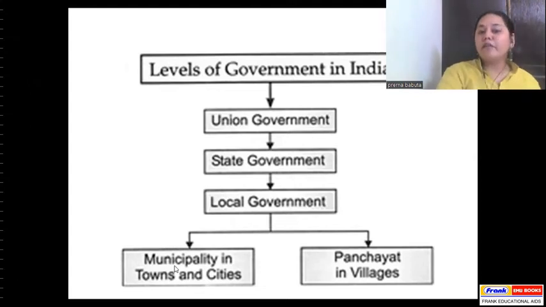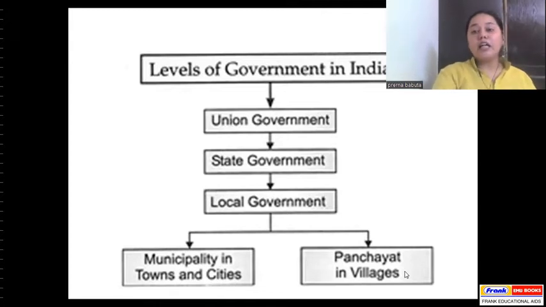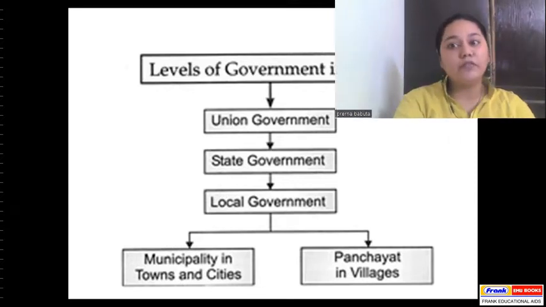And then you have government which is there in towns and cities, that is the urban areas. Then you have the government which is there in villages, which is generally called as the panchayat. Now, why is there a need to have government in villages? Now, we all understand that in India, the major population is residing in villages.